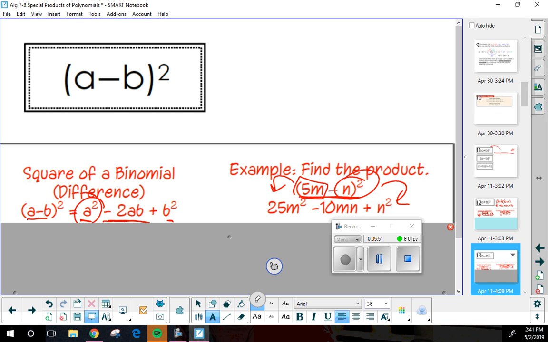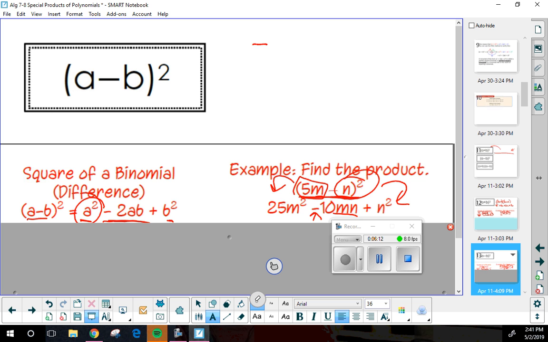And then this little cheat says to take a times b and double it. What is 5 times 2? 10. And then just add the variables, m, n, and this time there's a minus sign there. That's the only difference between this one and the one we just did.